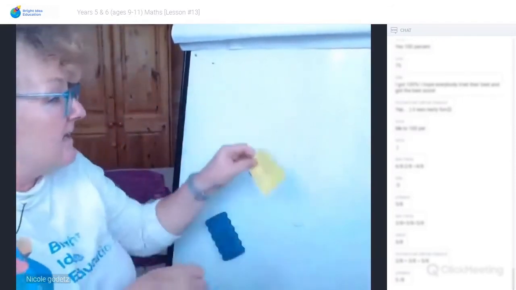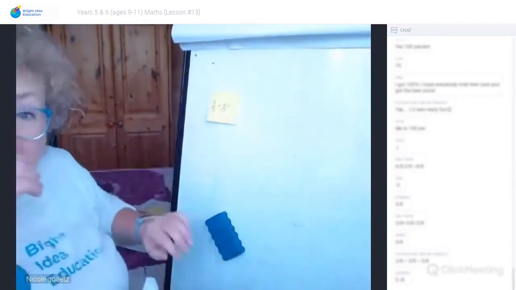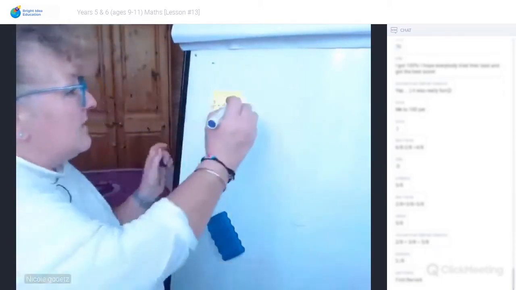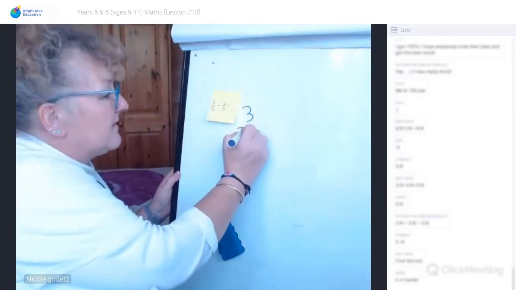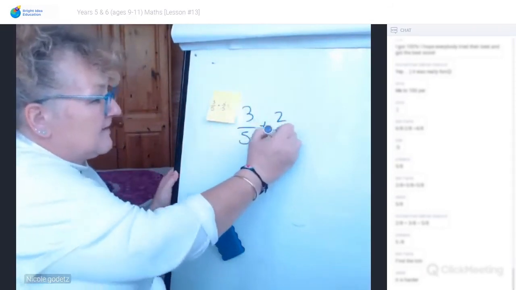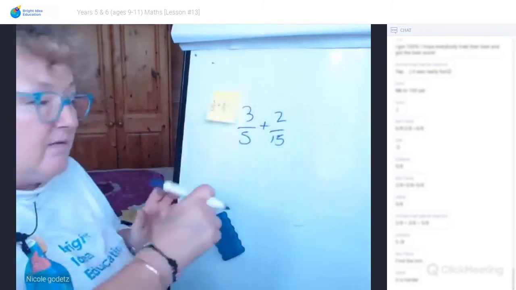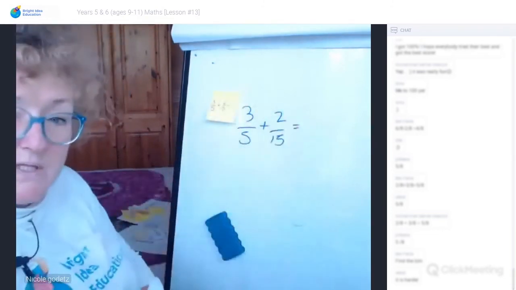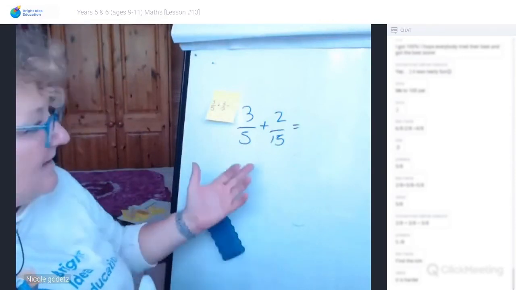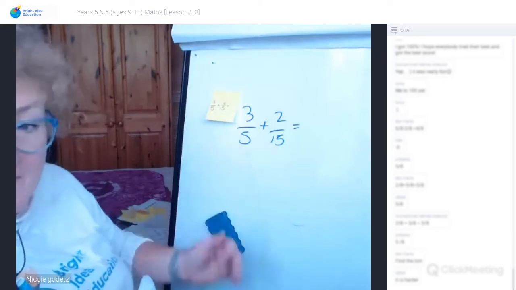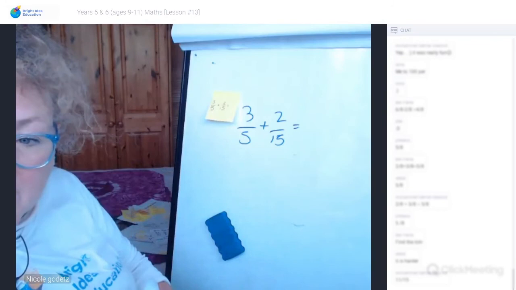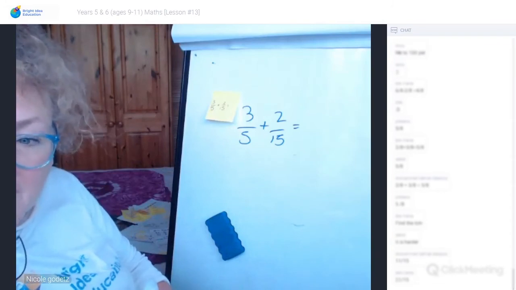So if we are going to look at 3/5 and 2/15, we are looking for the lowest common multiple. We straight away know that 15 is a multiple of 5. So the lowest common multiple is 15.